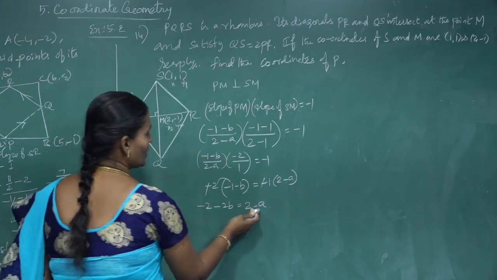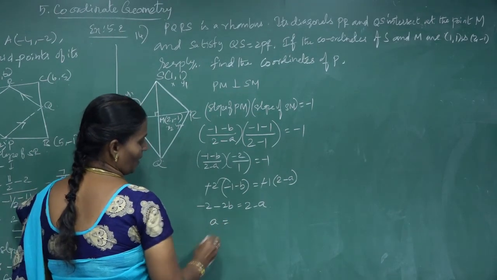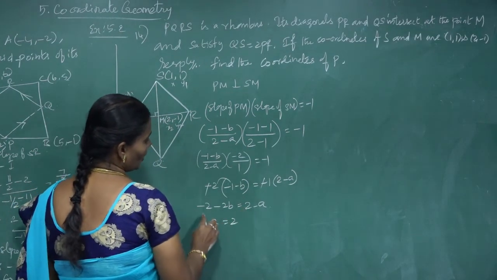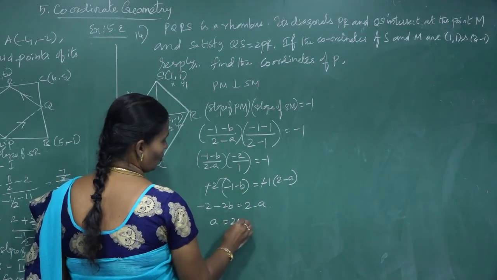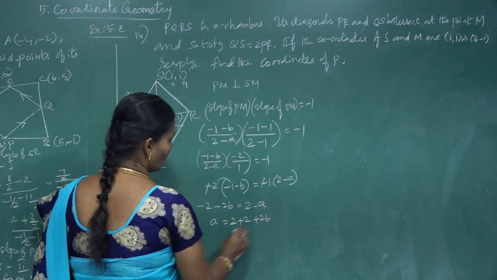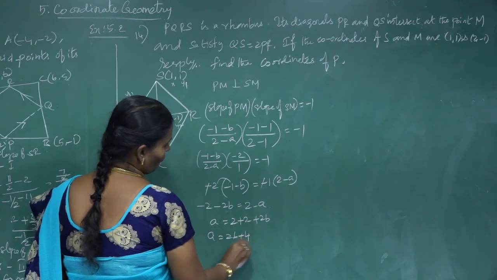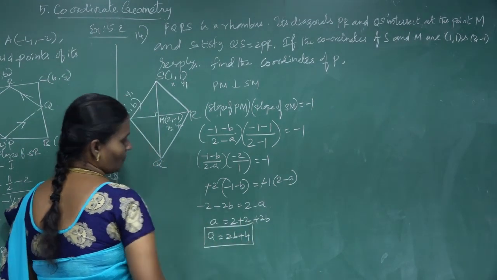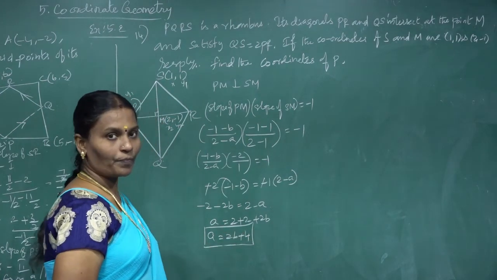This minus a you bring to the left side, so that becomes plus a. Here already minus 2. These two terms you bring to the right side. So minus 2 becomes plus 2, this minus 2b becomes plus 2b. So a is equal to 2b plus 2, is 4. This is one condition. So you take a is equal to 2b plus 4.